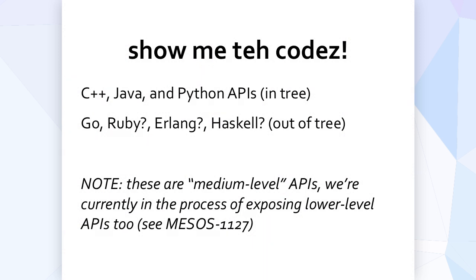Mesos has some APIs in C++, Java, and Python in its source tree. And there's also APIs that are out of the tree that you can find probably by some Google searches. For Go, Go is actually written by Nicholas. I don't know the state of the Ruby ones. I don't know if anybody here does. Nicholas would know the state of the Erlang ones.